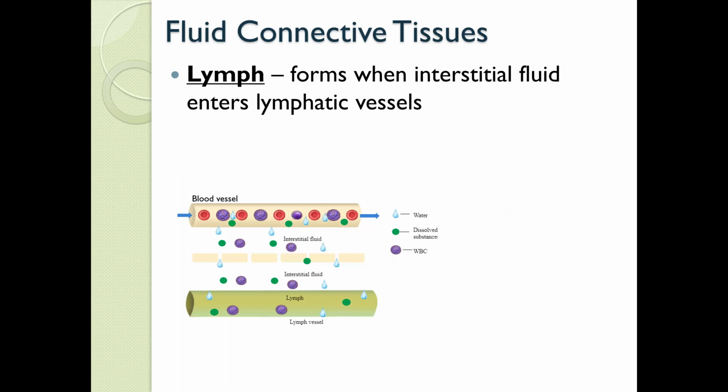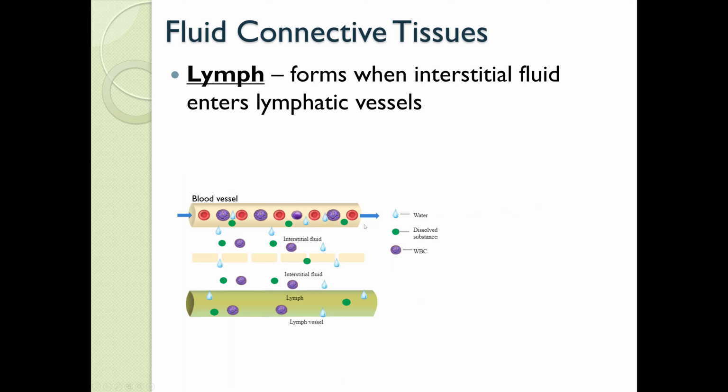The other type of fluid connective tissue is lymph. Lymph is formed when interstitial fluid enters the lymphatic vessels. So it's like a cycle. So we have a blood vessel here at top. Your blood vessel has the formed elements in it. You've got water and plasma in your blood. You've got dissolved substances like gases and nutrients.